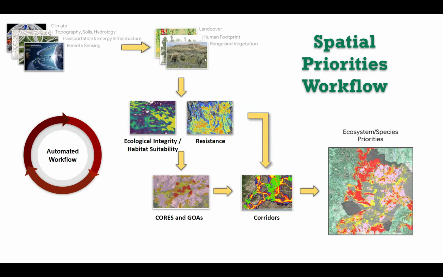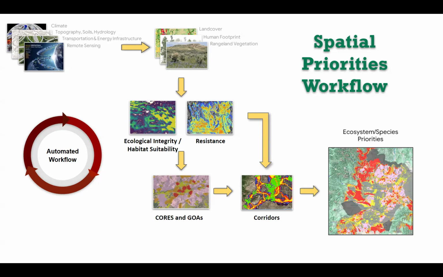We automated that workflow in the Google Cloud using Google Earth Engine. And that means when we want to update these, we can just run this on a schedule. We get new satellite data coming in, we get new information on the landscape. We can trigger these products to update. And so we always have current or relatively current information.